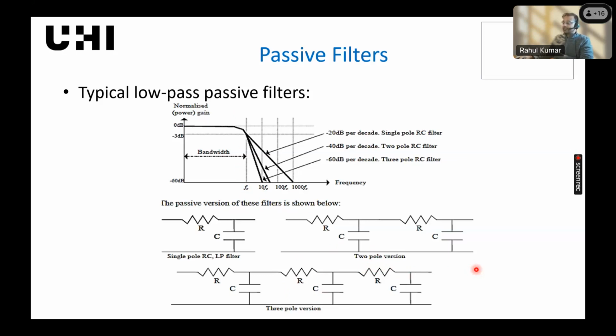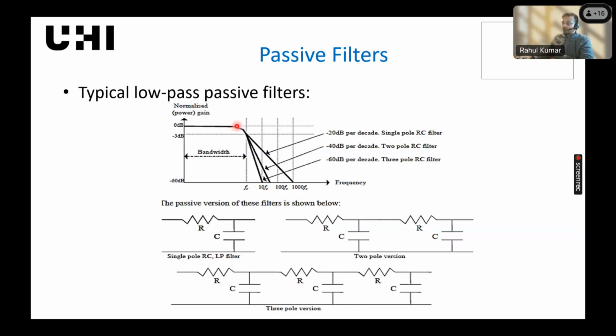But there is a catch, a limitation. When you are adding these RC components, resistance and capacitance, you can keep on adding them, but as a result, it will lead to a less efficient circuit. All these passive components will consume energy, and ultimately you will get a very inefficient circuit.